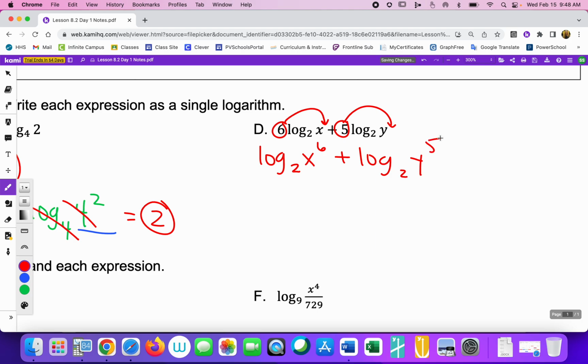Now adding, when we condense into a single log, becomes what operation? Adding becomes multiply. So this would be log base 2 of x to the 6th times y to the 5th. You can put parentheses around that if you want to, but that would be your ending result.